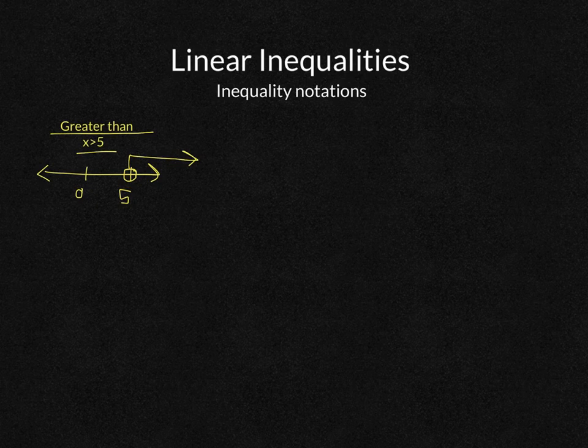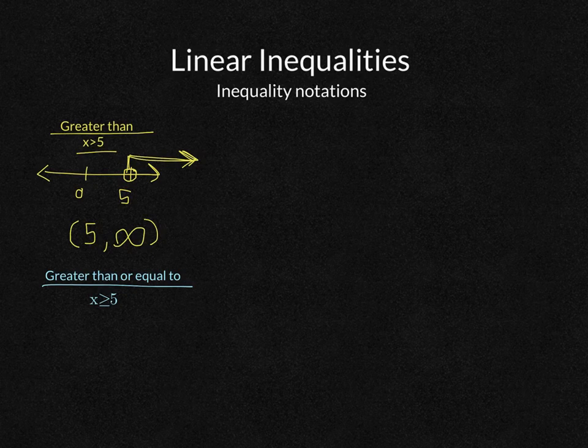Then we start at 5. Because you cannot be equal to 5, we have a parenthesis. Then it goes on forever in the greater than direction, so it will go to infinity. So that is the interval notation for the graph.